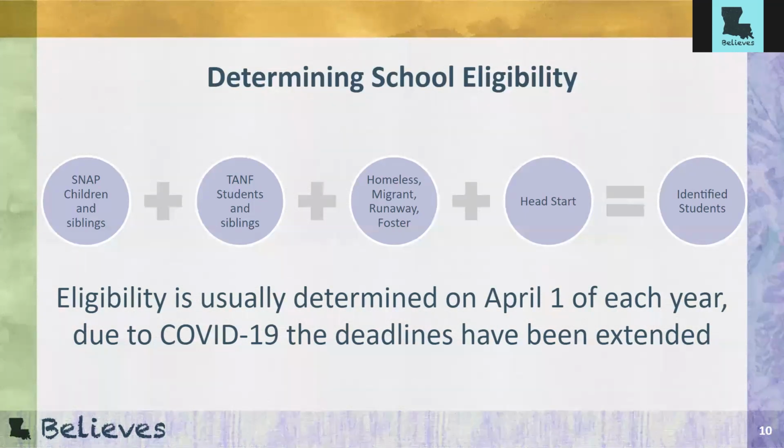So when we're determining school eligibility, just a reminder from the last slide, we're talking about the SNAP children and their siblings, TANF students and their siblings, homeless, migrant, runaway, foster children, Head Start, and all of those added together are your identified students.